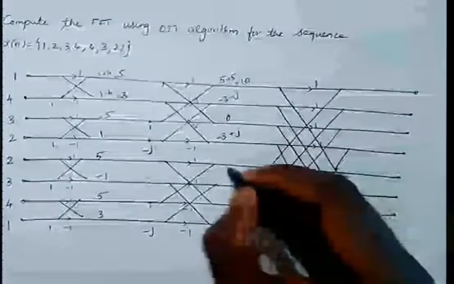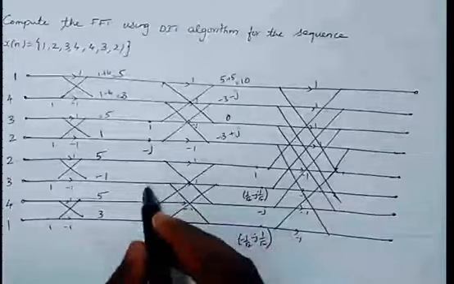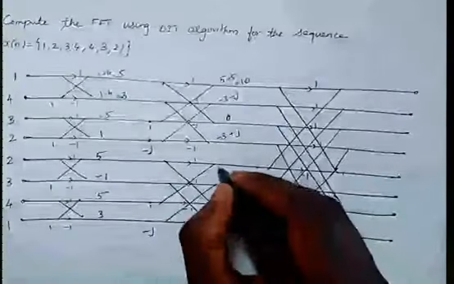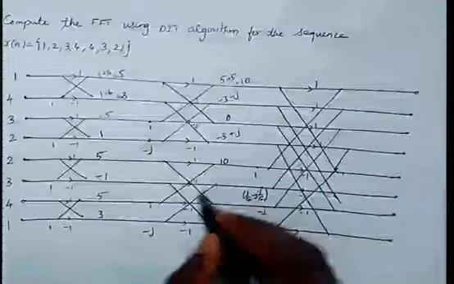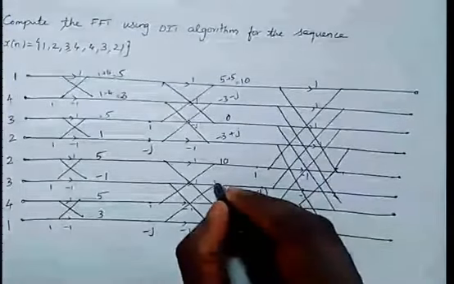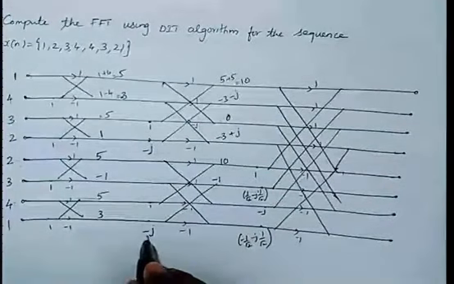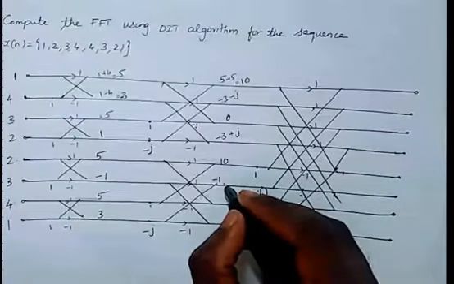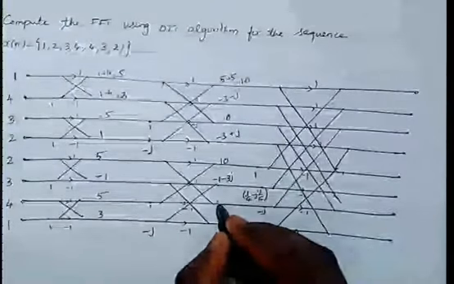So what about this point? We have 5. 5 into 1 is 5, and 5 into 1 is 5. So here is going to be 10 again. What about here? Here you have minus 1, then we have 3 into minus j, so minus 1 minus 3j at this point. What about here?